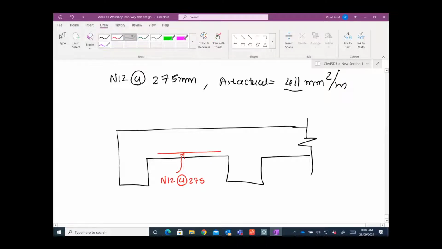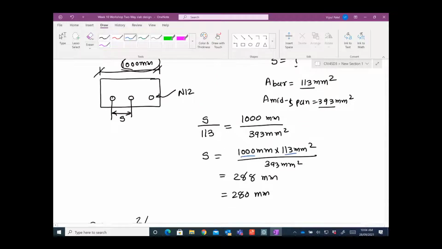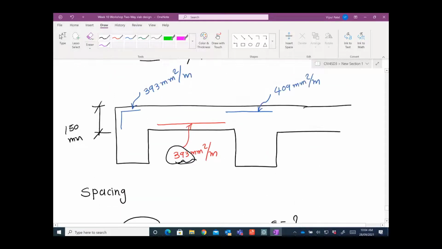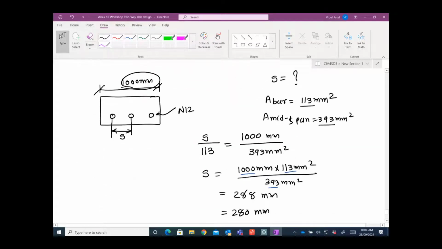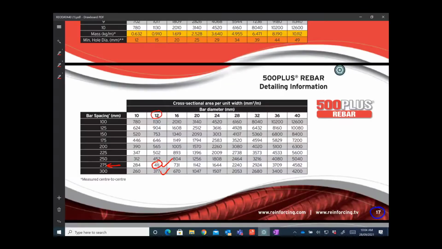Okay, let's do this one. N12 bar. You can again use these equations like 113 over what was that here, 409. You can just put the 409, but I'm just going to straight away use 409. So I think 411 is still okay, and 275 we can use.